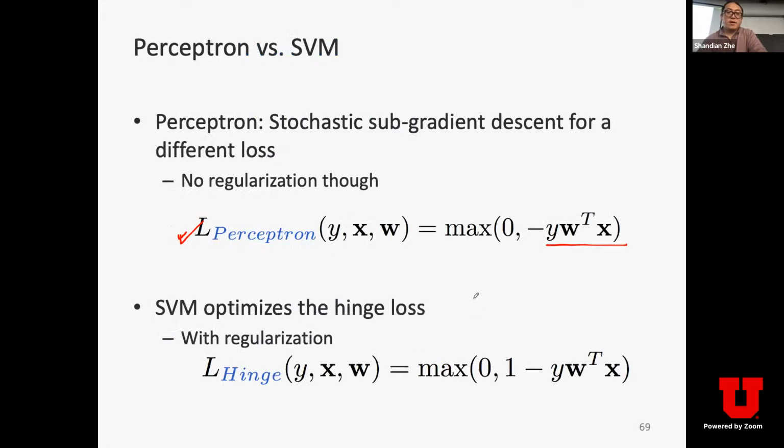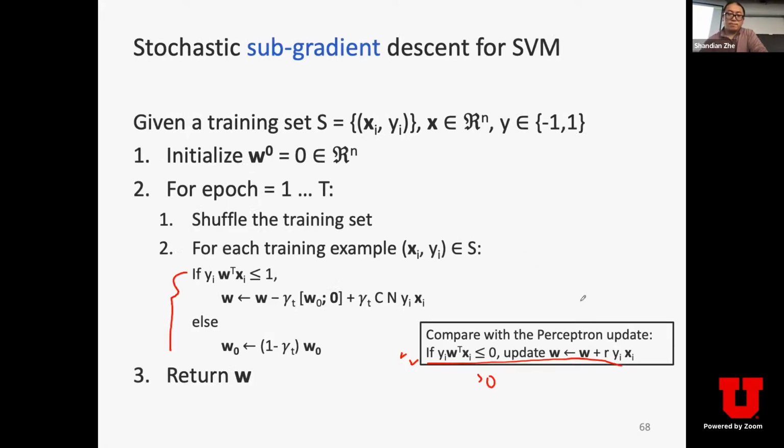It still takes two possible subgradients, right? When the max value is 0, then your subgradient is 0. That means you don't do any update. In that case, your function margin is positive. On the other side, if your max value is minus y w transpose x, that means this function margin is negative. Then you take the subgradient by taking the gradient of the right term here, and it will give you the updating rule of the perceptron.